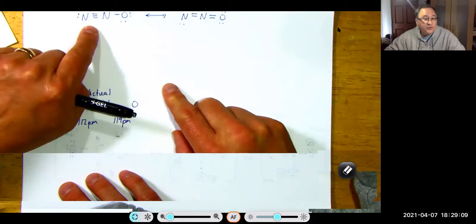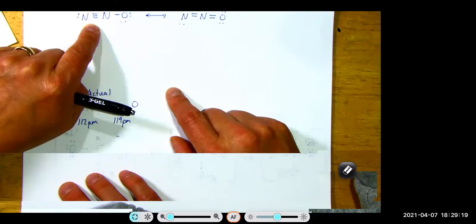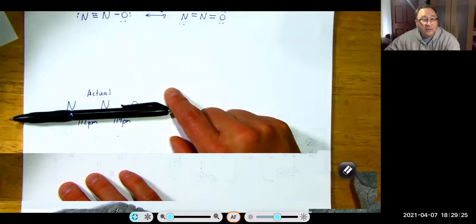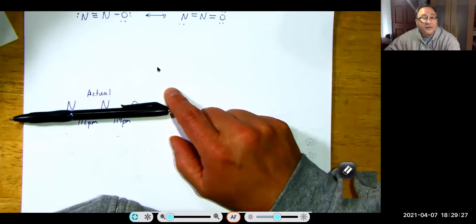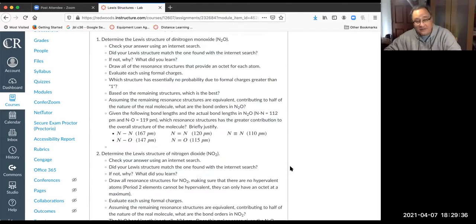What is a typical nitrogen-nitrogen triple bond length? So let me see what I'm sharing with you. Here you go. Here's the list. What is the nitrogen-nitrogen bond length for a triple bond?